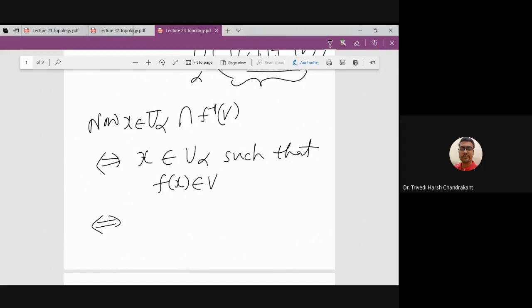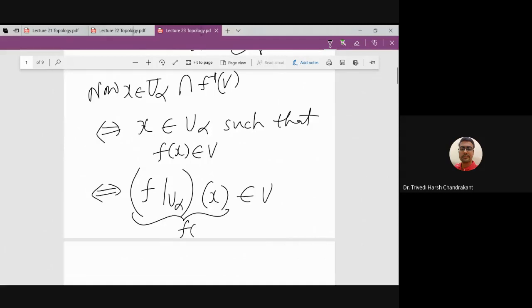And then the second condition is nothing but saying that when I apply this map on X, that belongs to V, right? Because if X is in U alpha, then F restricted to U alpha of X is nothing but Fx.